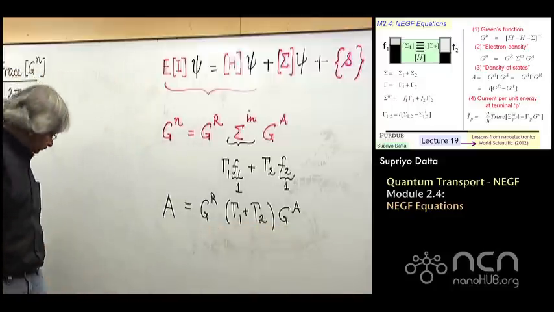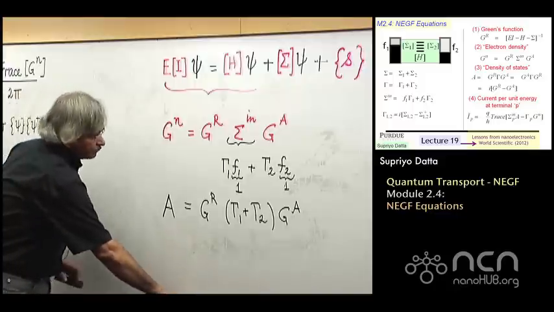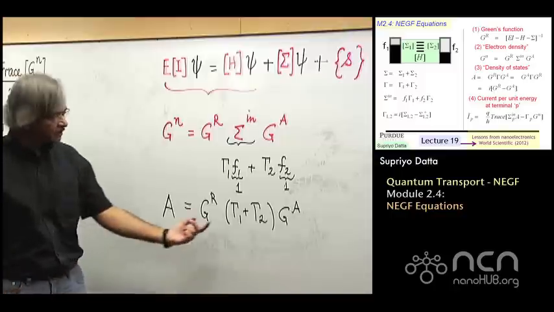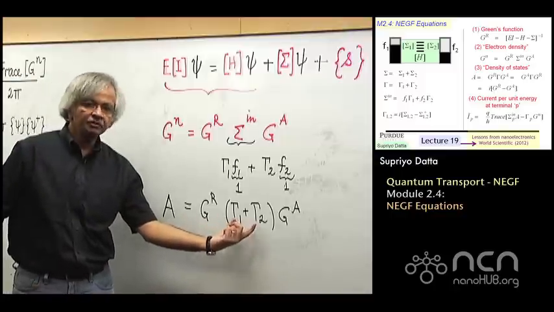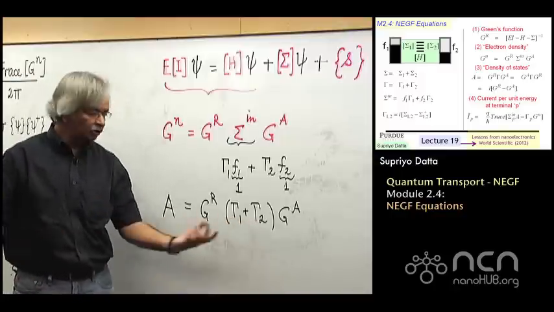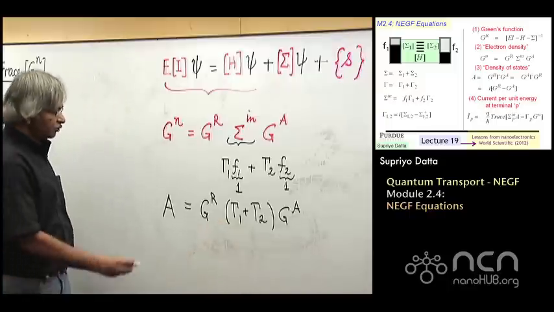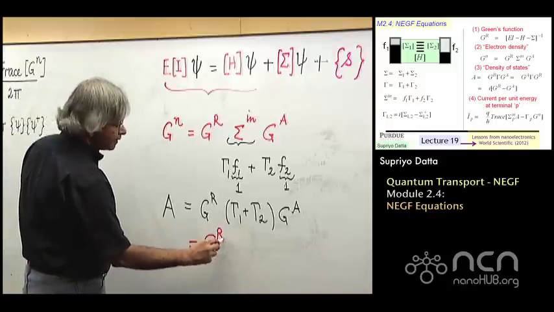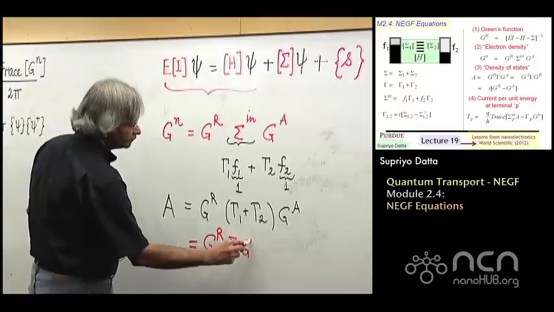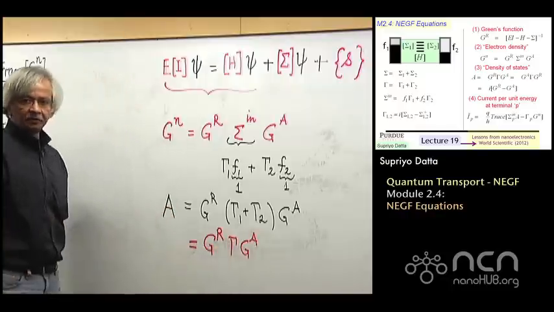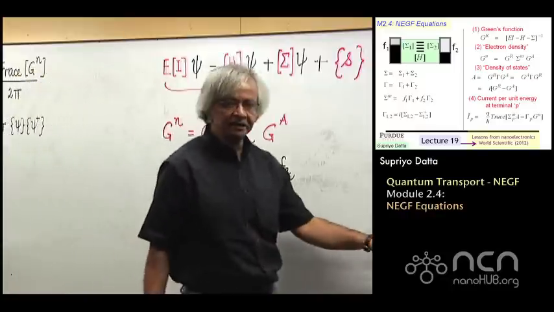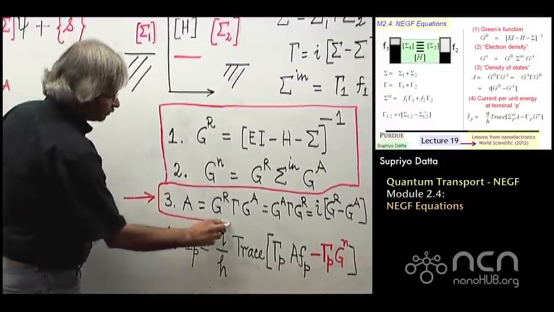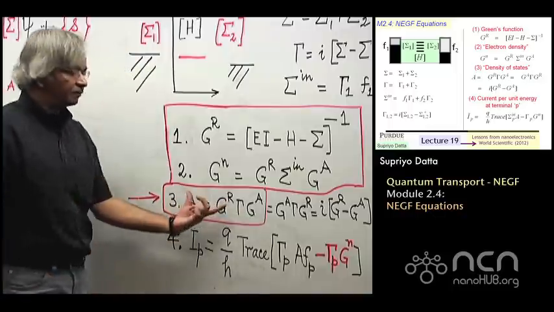So what you have done is, you can write the expression for A as this. Gamma 1 plus gamma 2 is what we have been writing as gamma, the total when you have added the two. So you could write A is equal to Gr gamma Ga. So that's the basic argument. And if you look at the equation I had here in number 3, that's like the first part of the thing, Gr gamma Ga.